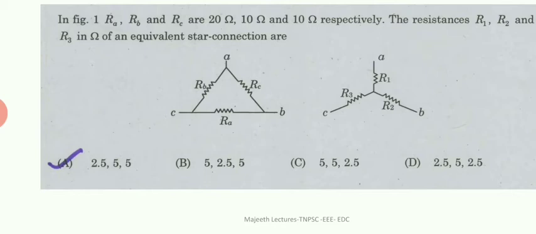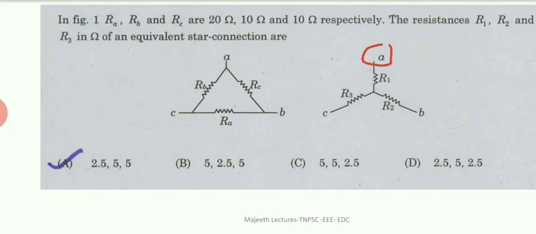If I want to find R1, you see the corresponding resistances which are coming at that node. Here you see what are the resistances which are coming at node A. Node A, RB and RC are coming.